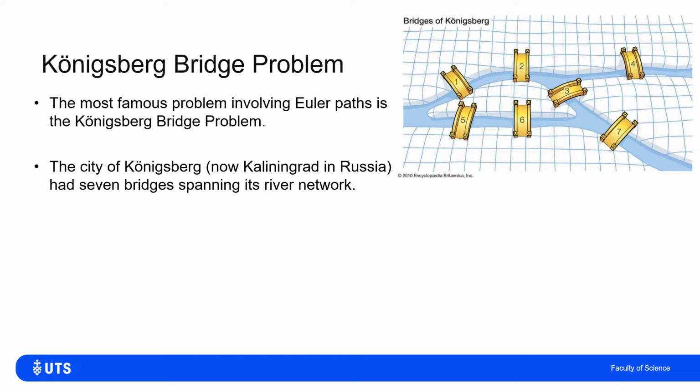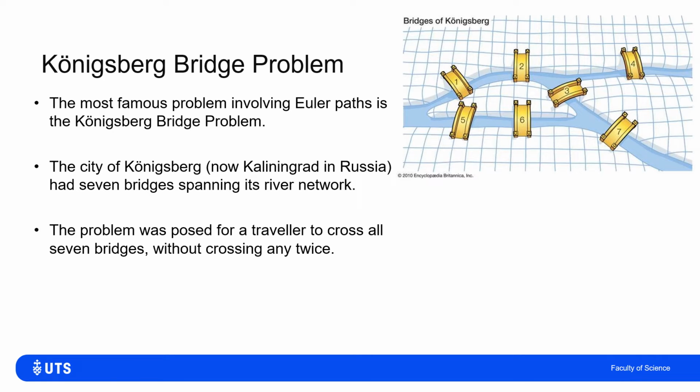There's a bit above the rivers, a bit below the rivers, the island bit in the middle, and the bit to the right of the rivers. And these 7 bridges spanned the network. So the question was whether it would be possible to plot a path such that a traveller could walk over all 7 bridges without crossing any one of them more than once.